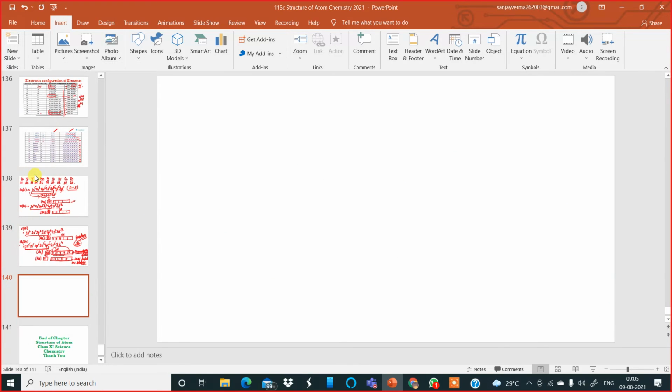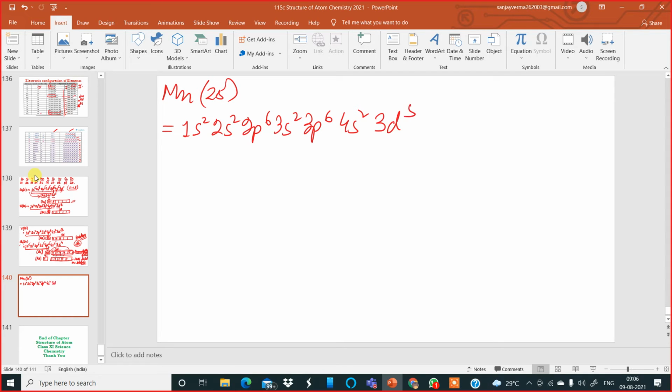Okay. Now after scandium, titanium, vanadium, chromium, we have manganese. What is the atomic number? It is 25. So let me write down the electronic configuration of manganese: 1s2, 2s2, 2p6, 3s2, 3p6, then 4s2, then 3d5. Till here it is the electronic configuration of argon.